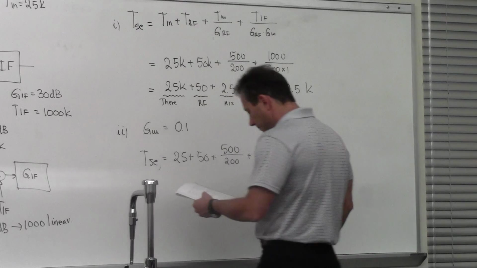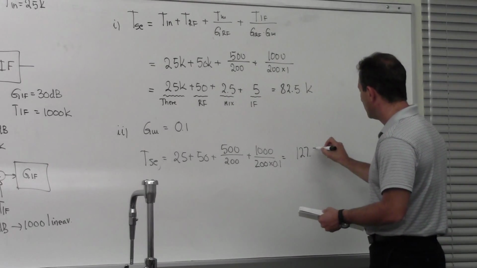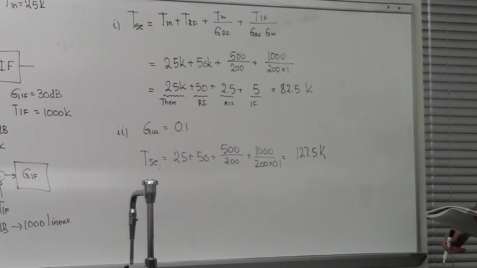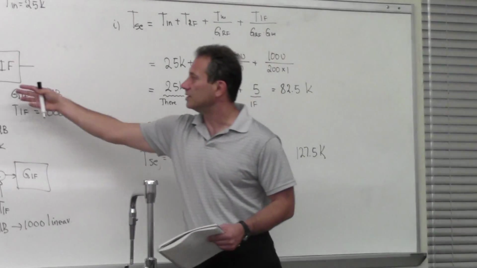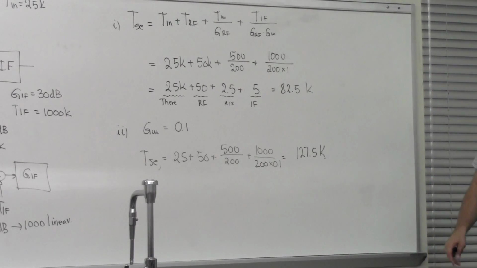And this gives you 127.5 Kelvin. Just a simple exercise. So you can see that even the 10 dB reduction in the gain on the mixing stage didn't make a huge change in the noise temperature.